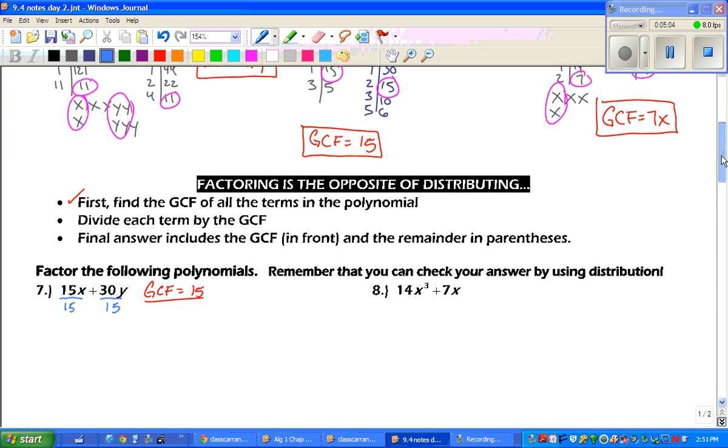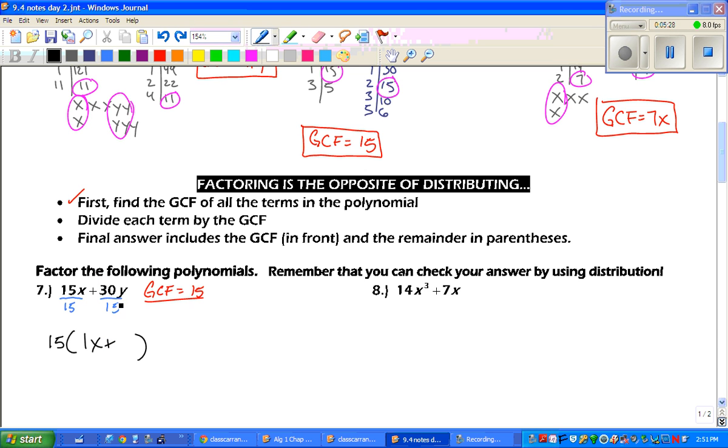Okay? So when I write my final answer, my GCF is out front. 15x divided by 15, well, 15 divided by 15 is 1, and we're left with the x. I'm going to bring the plus sign down, so that just comes straight down.